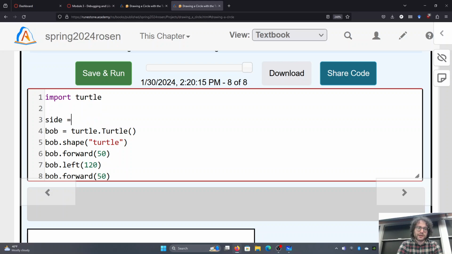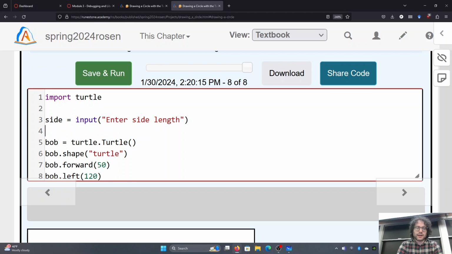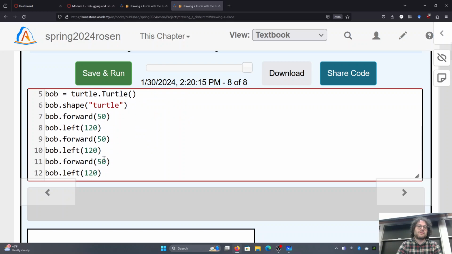I'll split it up here just to make it easier to read. Input is equal to enter side length. And then I will say side is equal to int of input. So I'm going to get it from the user and convert it into an integer, because if I don't convert it to an integer, then it's going to be a bit weird.